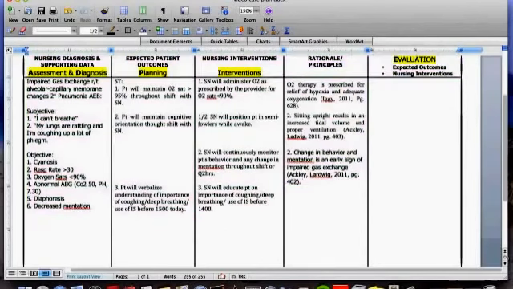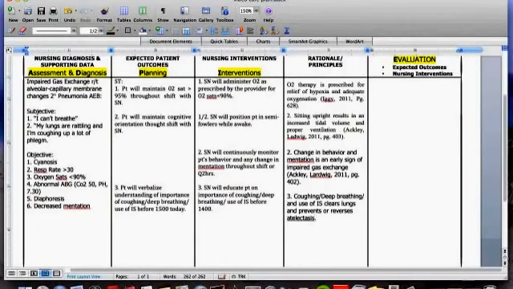All right, and our rationale, another Ackley and Ladwig one, says coughing, deep breathing, and use of inspiratory spirometer clears lungs and prevents or reverses atelectasis.